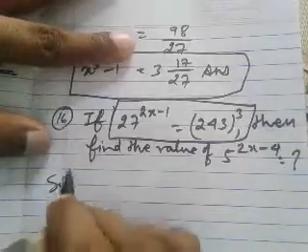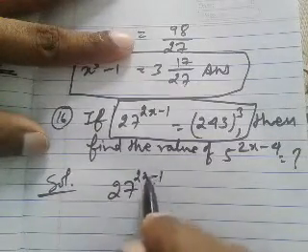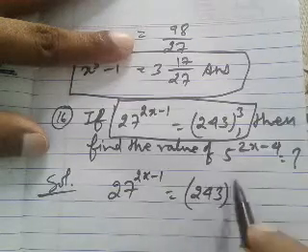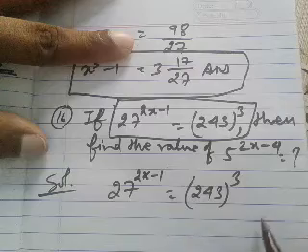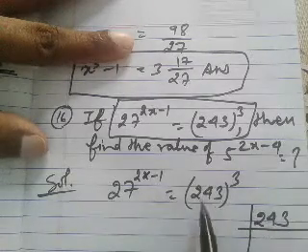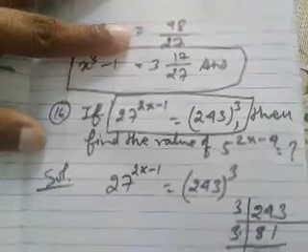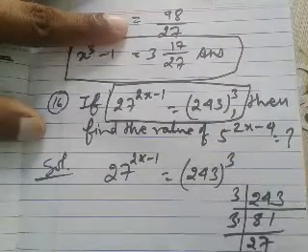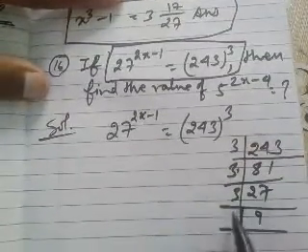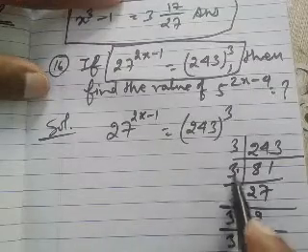So write this solution. 27 raised to the power 2x minus 1 is equal to 243 raised to the power 3. Factorize 243 with base 3 here: 81, 3; 27, 3; 3 nines are 27, 3 threes are 9, and 3 ones are 3. 1, 2, 3, 4, 5.